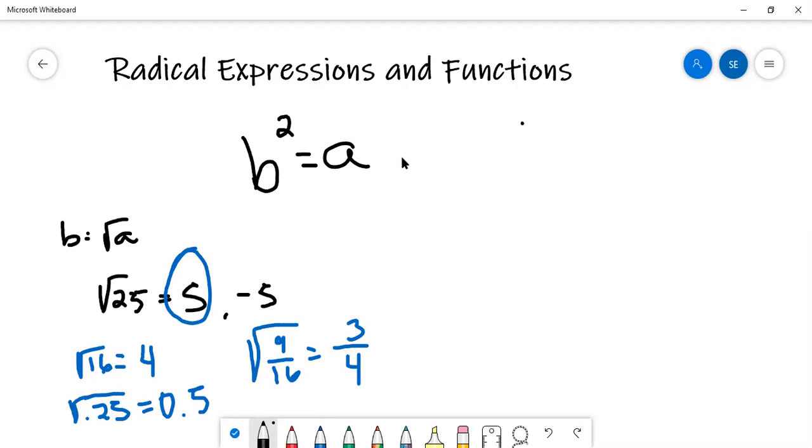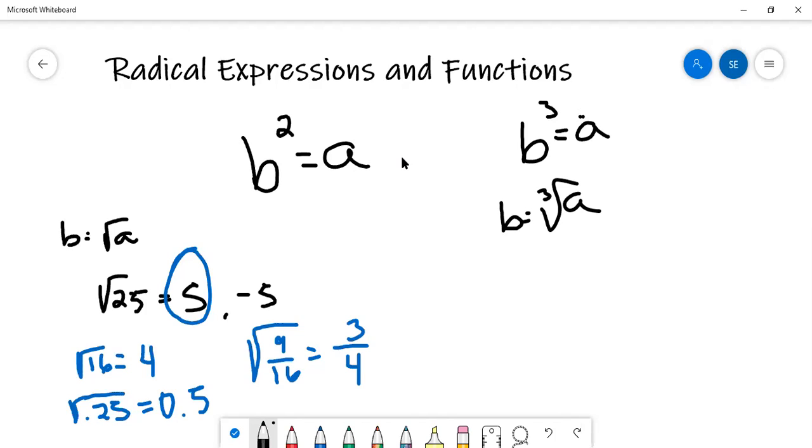Likewise, just like the square roots, we can take the cube root. So we can take the cubed root, and that is b to the third is equal to a, or b is equal to the cubed root of a. Okay.